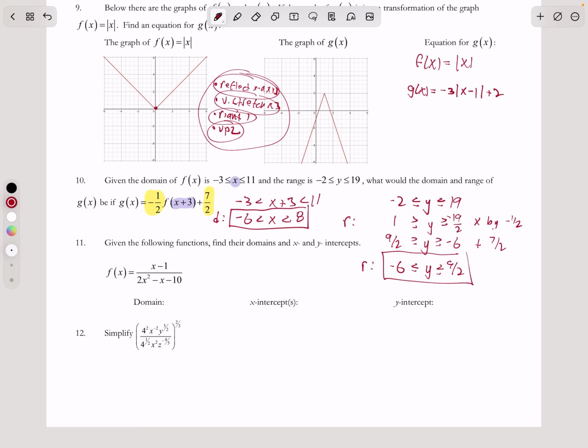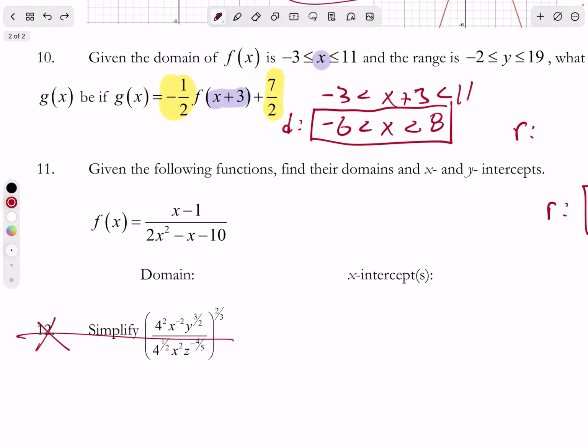Okay, the last one, by the way, 12 is a review problem. It's not on the quiz. For number 12, the domain for a rational function, a fractional function, you're going to set the denominator equal to 0. So 2x squared minus x minus 10 equals 0.